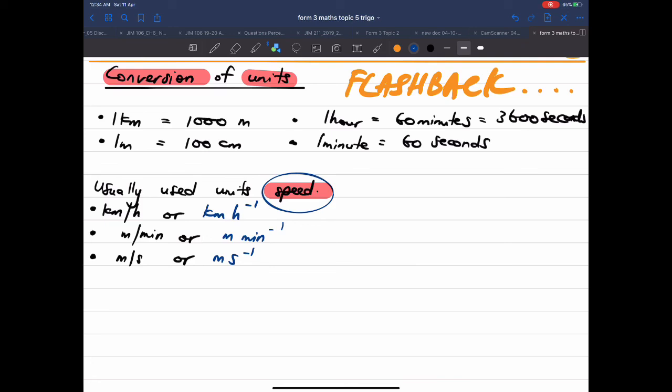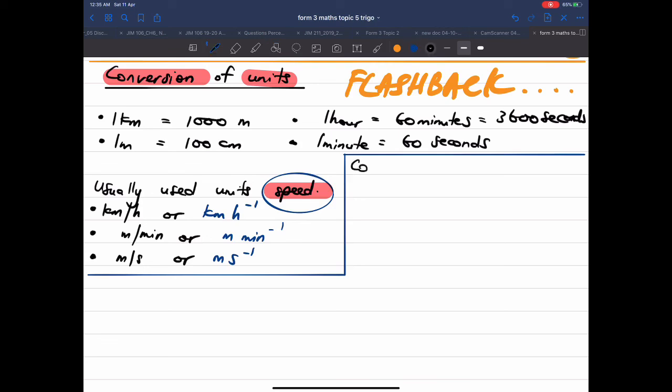Now I'll go through the conversion of acceleration. Which units you'll be using usually. So this is conversion of units for acceleration.